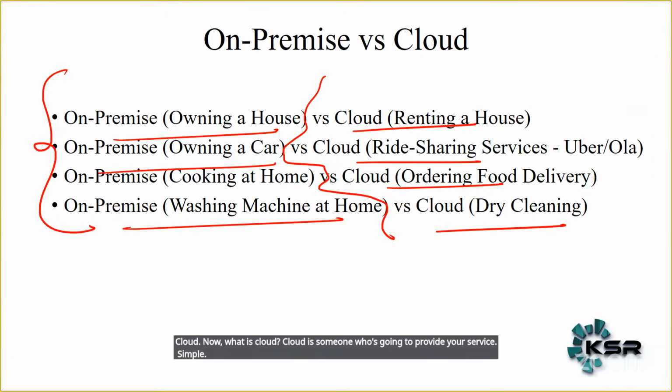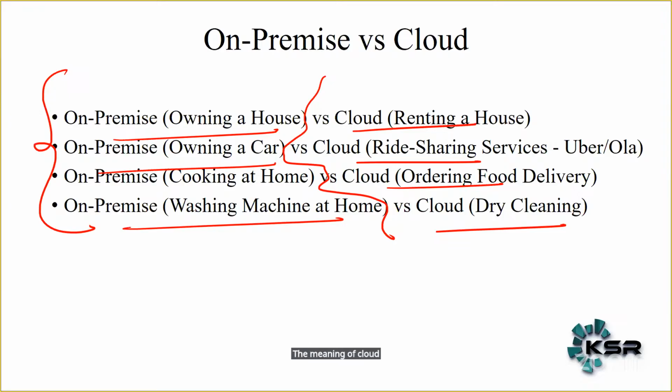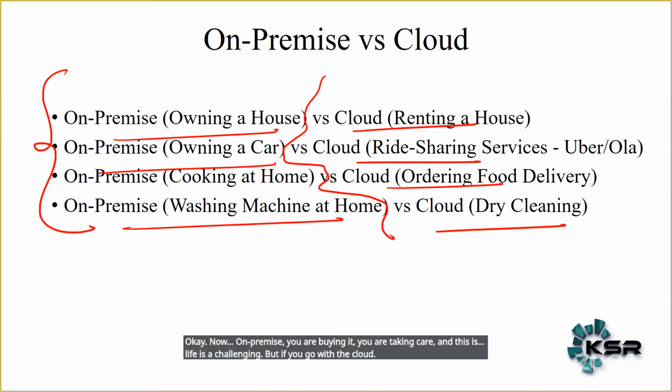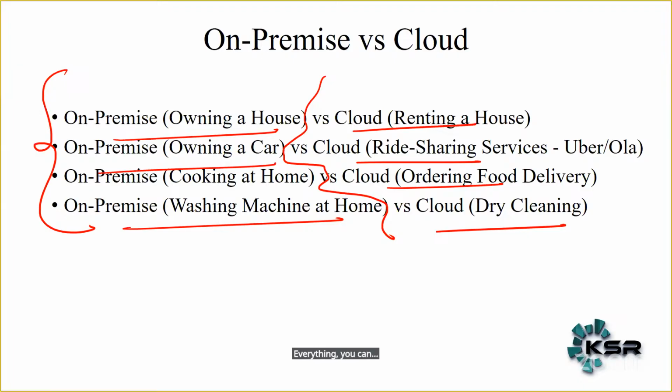Simple. The meaning of cloud is that you just use it and you pay for it. On premise, you are buying and taking care, and this life is challenging. But if you go with the cloud, you take the service and pay for it.